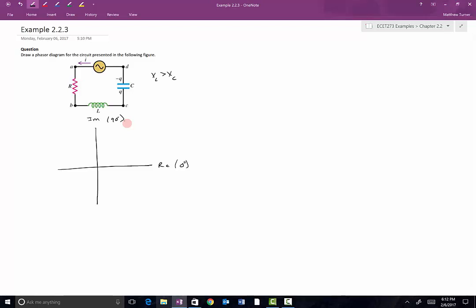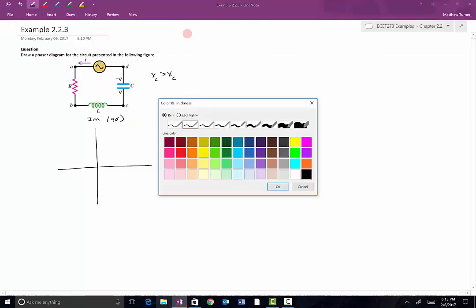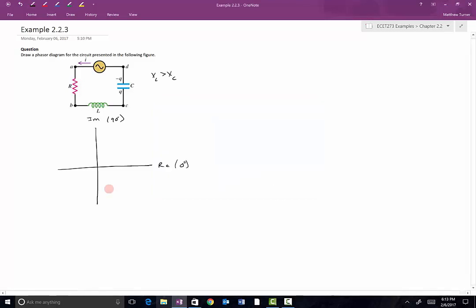So to start with, we need to pick a reference for the phasor diagram. Typically, we will take the source voltage to be that reference. So we want to start by drawing that reference phasor. I'm going to draw it in this gold color, because that's the color the voltage source is in here.